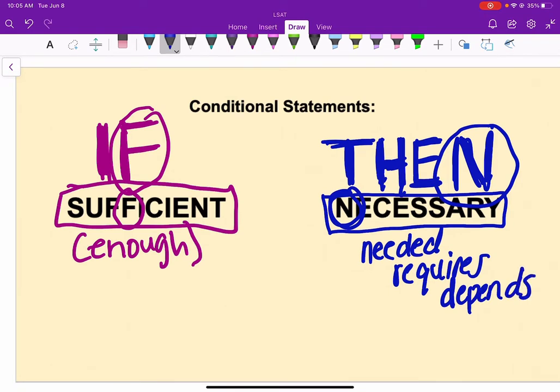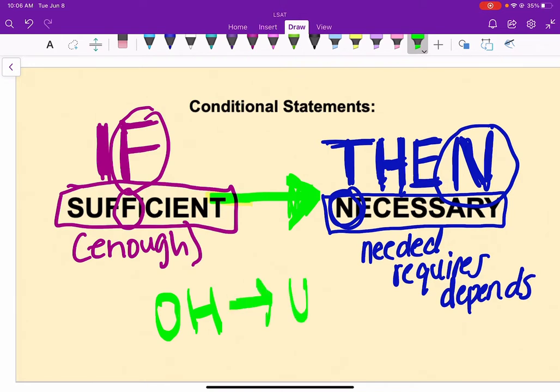And then if you ever forget what side they go on, I like to remember that sufficient ends in T, and I can draw an arrow for my T so I know sufficient triggers my necessary. And so once again, if I know I am from Ohio, isn't that sufficient to know or enough to know that I'm also from the United States? Absolutely.